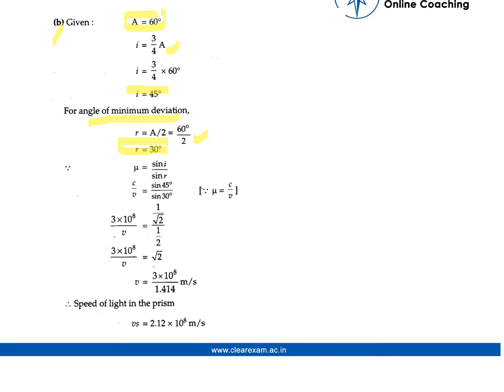So mu will be sin i over sin r, which equals sin 45 over sin 30 degrees. We will solve this. We know the value of c, so upon solving and simplifying, we get the speed of light in the prism as 2.12 × 10^8 meters per second.